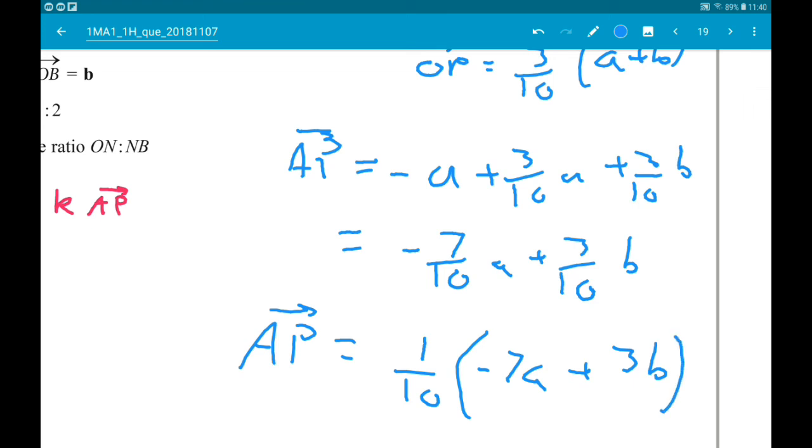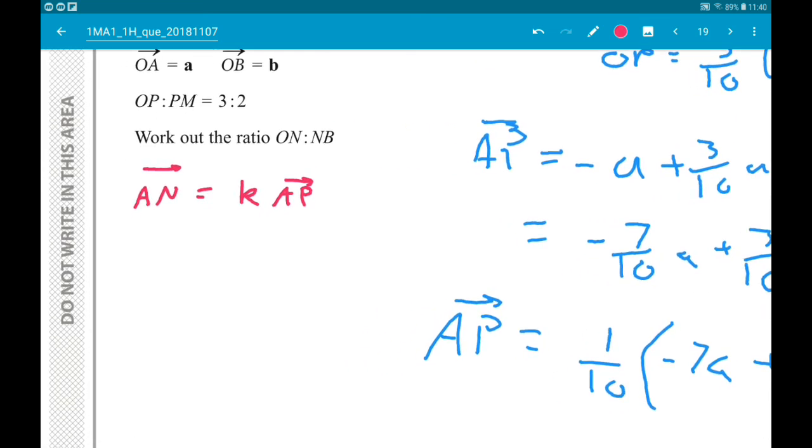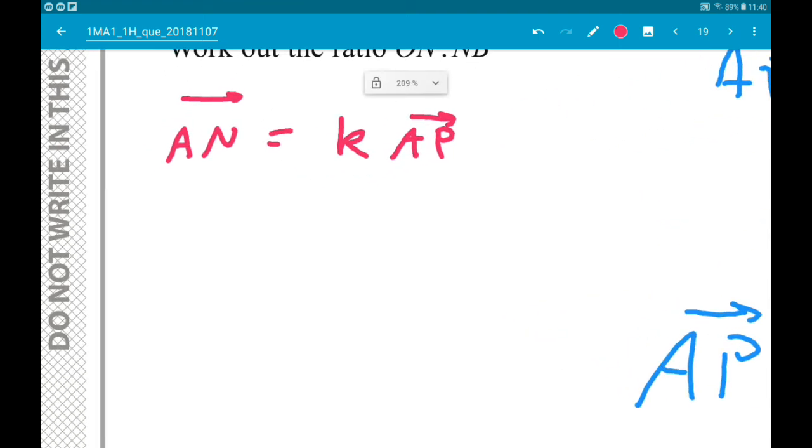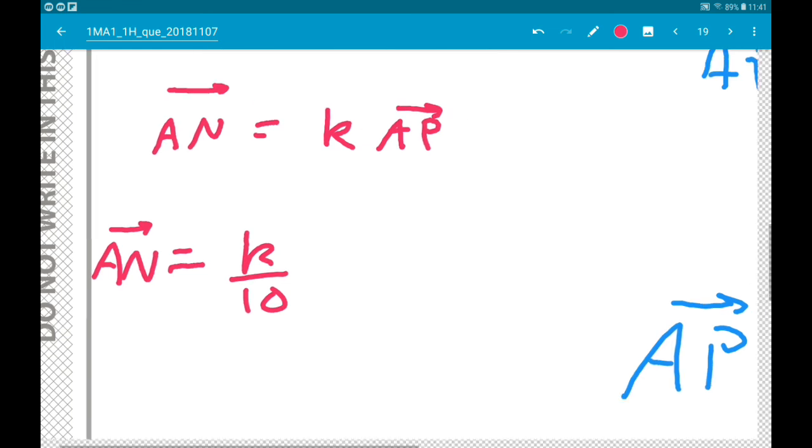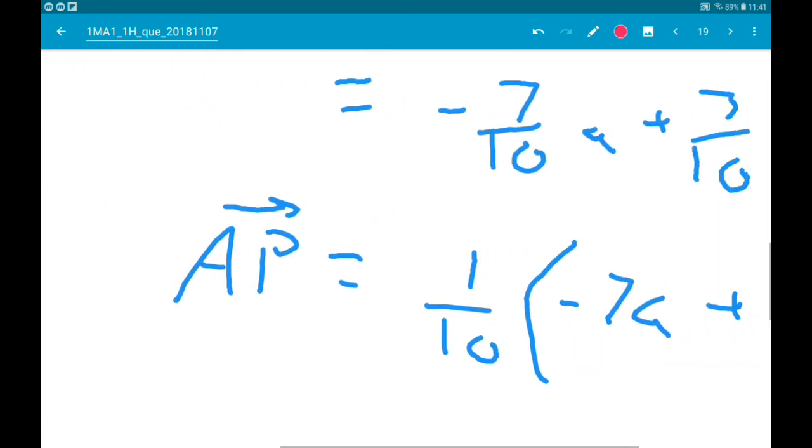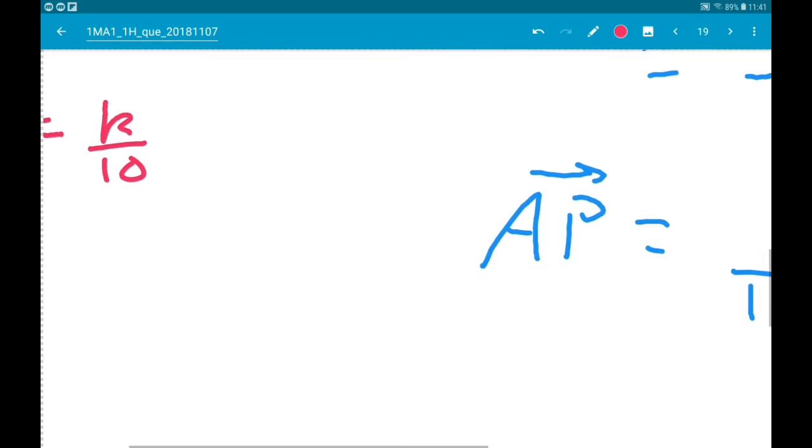So that is now what we have for A to P. So we can go back over here now and say that A to N is k over 10 lots of minus 7A and 3B.